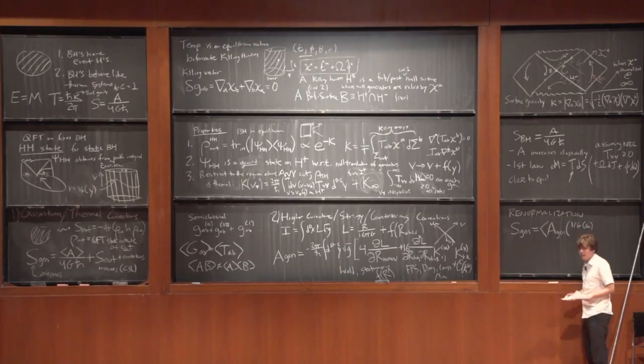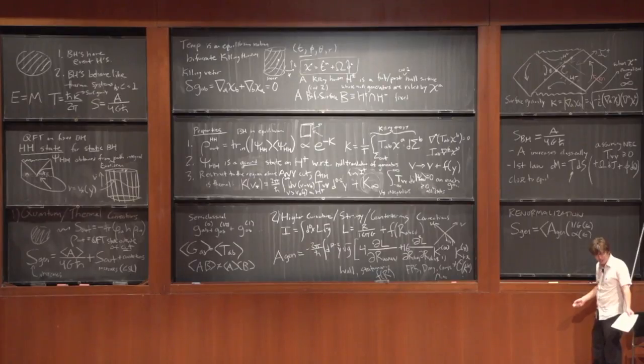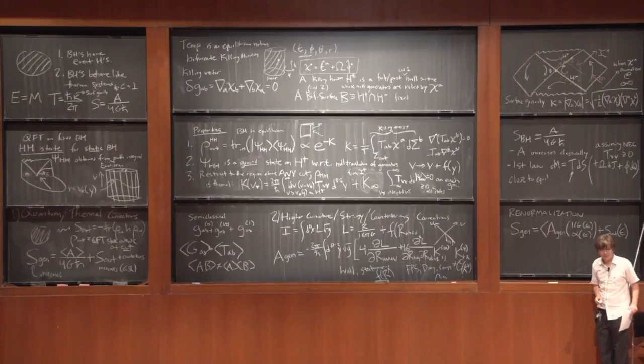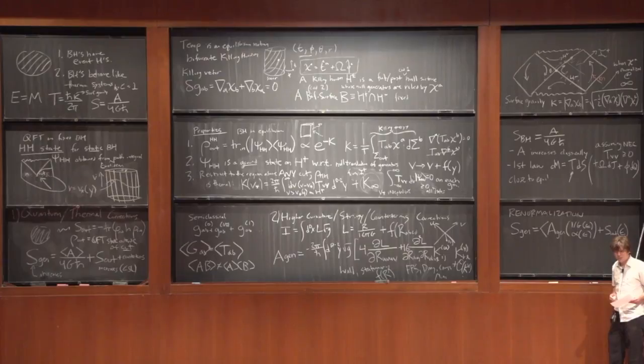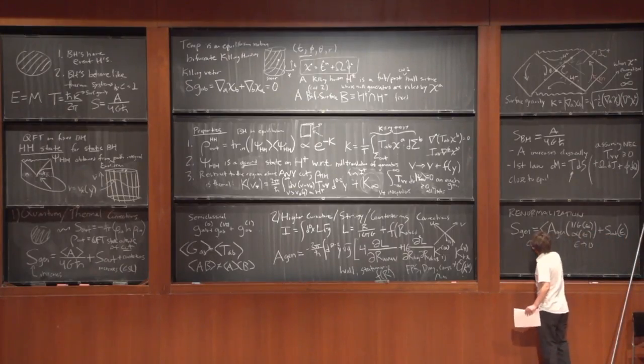That depends on my cutoff because there's loop corrections to Newton's constant. And it also depends on other parameters in the action that also depend on your cutoff. They have non-trivial RG flow. But there's also an entanglement entropy divergence, and that depends on the cutoff. And the statement is that as long as I regulate both of these terms in the same way and send epsilon to 0, this is going to be cutoff independent.